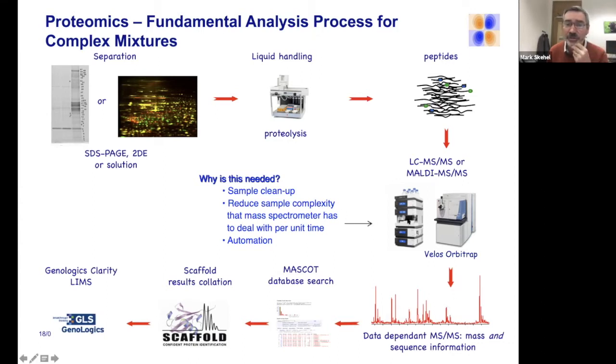So we use a reverse phase setup to clean up the sample and introduce it slowly into the instrument. We determine the mass and fragmentation spectra. We plug those into a database search engine. Mascot and Andromeda in MaxQuant are our preferred search engines, and then we visualize those results in Scaffold and Perseus, and these I'll talk about later on, and then you access them via our LIMS.